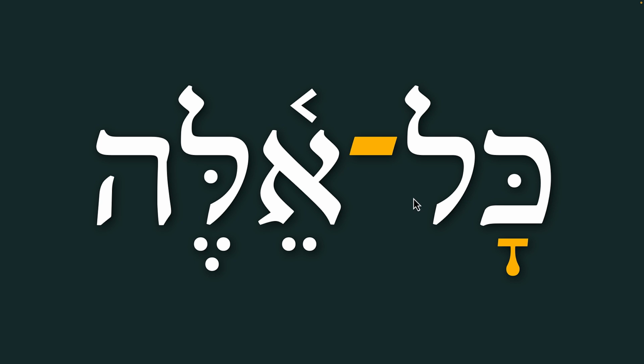This word is pronounced as kol because the purpose of the makef is that you need to pronounce both words together very rapidly without much gap. You should say kol elle, not kol, elle. You should quickly pass through the words and not give much gap. That's the intent of this bridle called makef.